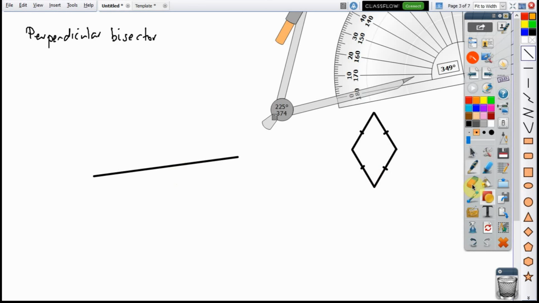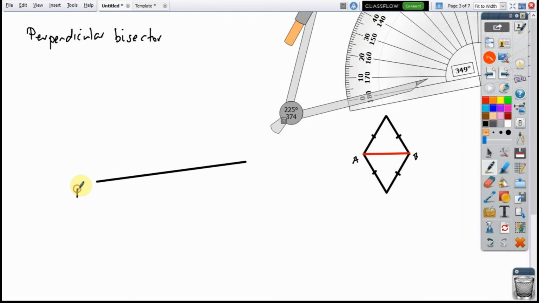Now it's helpful at this point just to consider the rhombus and how this relates to what we're trying to do. If this is A and this is B, then we could label this in the same way.